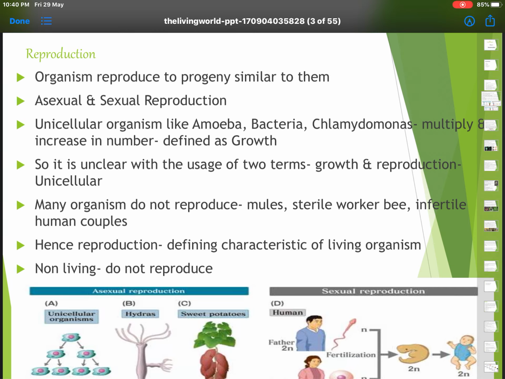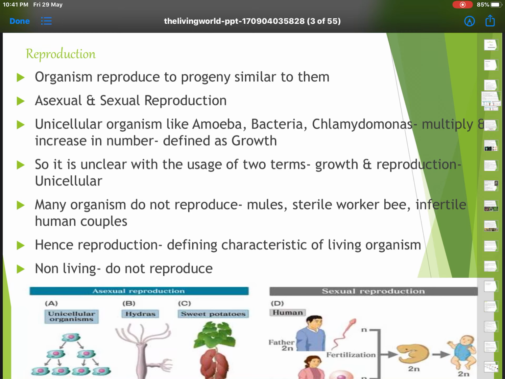This we call sexual reproduction. Whereas in asexual reproduction, there is no involvement of gametes. There is only involvement of body cells or somatic cells. Hence, reproduction can be sexual or asexual.